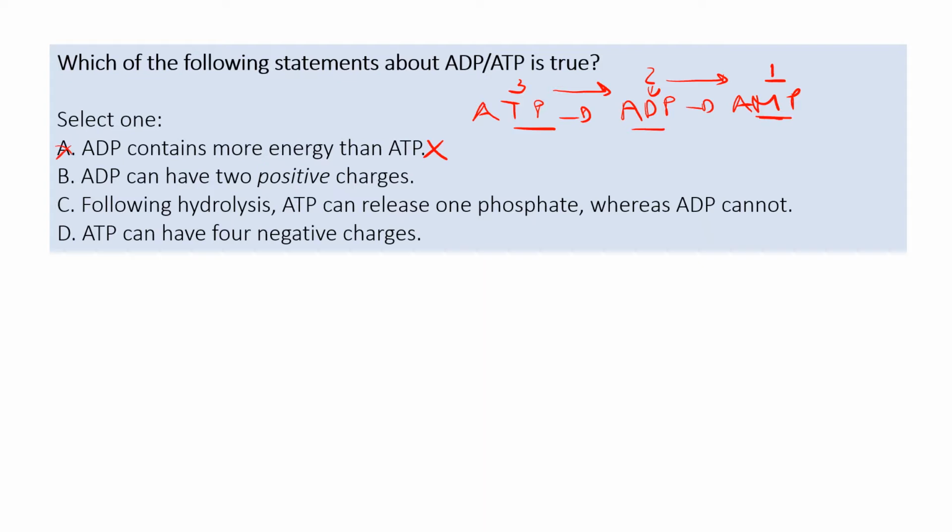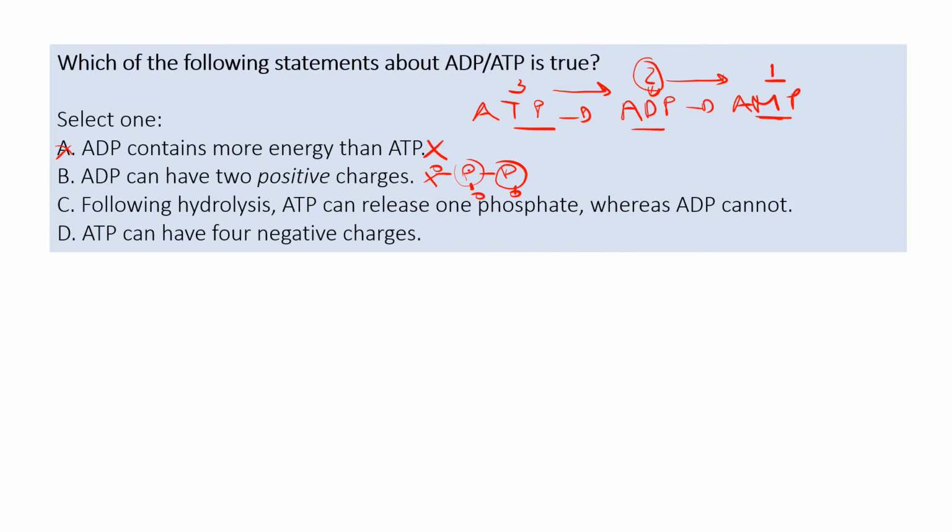Now, ADP has 2 positive charges. This is wrong. As I will show you in a second, it has a tail with 2 phosphates, but it will have 3 charges. I will show you in a second that it will have 1, 2, and 3 oxygens.